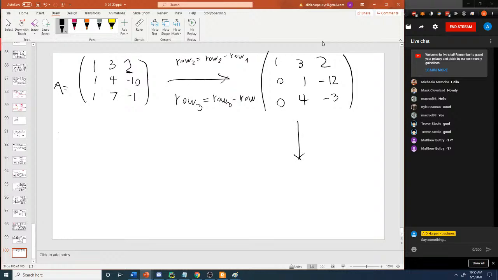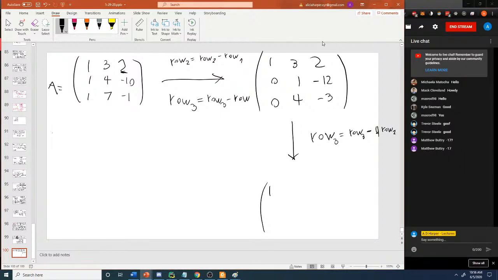And then finally, I can set row 3 equal to row 3 minus 4 times row 2.